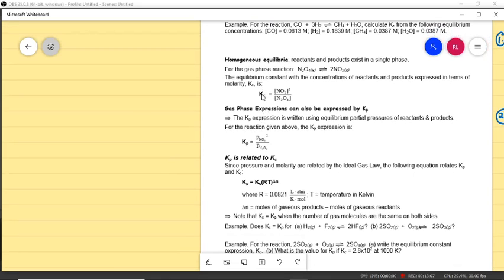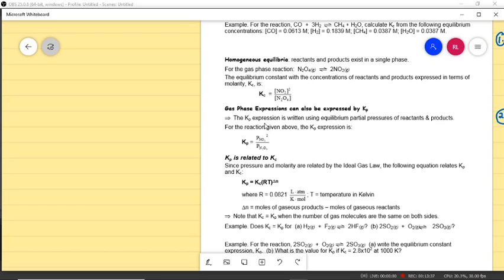If we have K sub C, we also have K sub P. What is this one? K sub P is the equilibrium constant for homogeneous equilibrium that is composed of all gases.